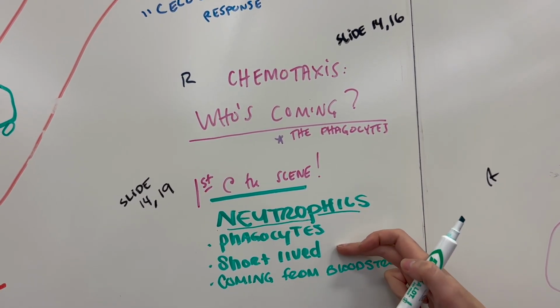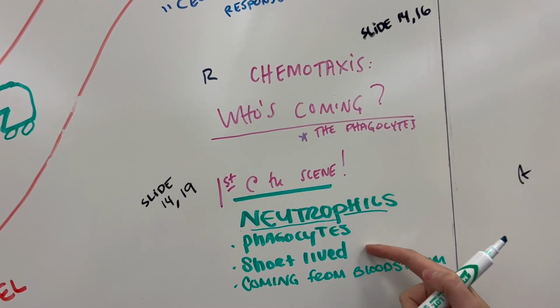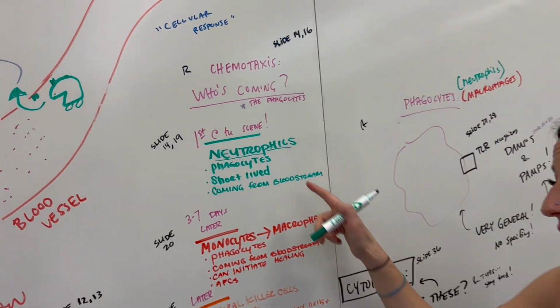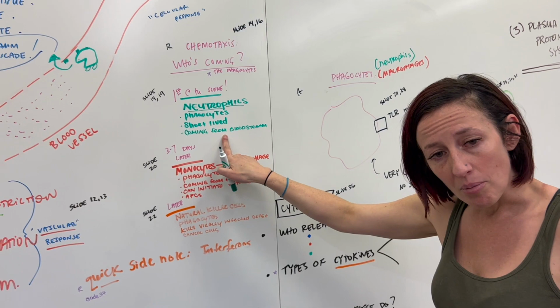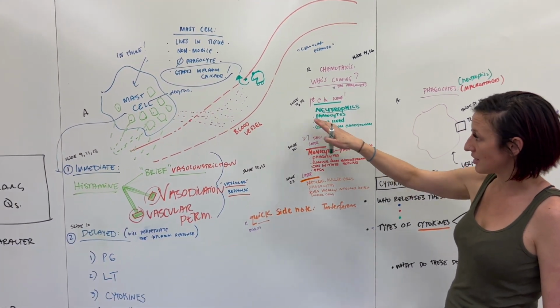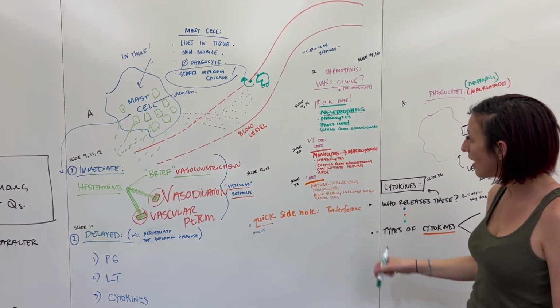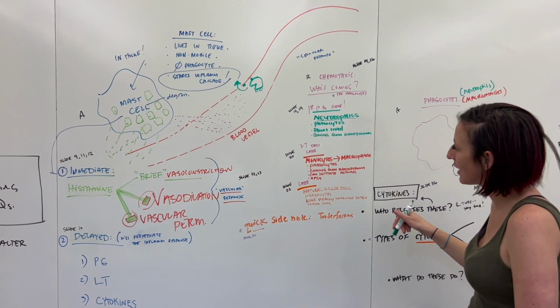They can only eat a certain amount and then they die, and then they turn into what you would see as pus in a wound. They come from the bloodstream, although they're originally made in the bone marrow, and that's how they get to us. They do not have a role in any other parts of the process other than our innate immunity.